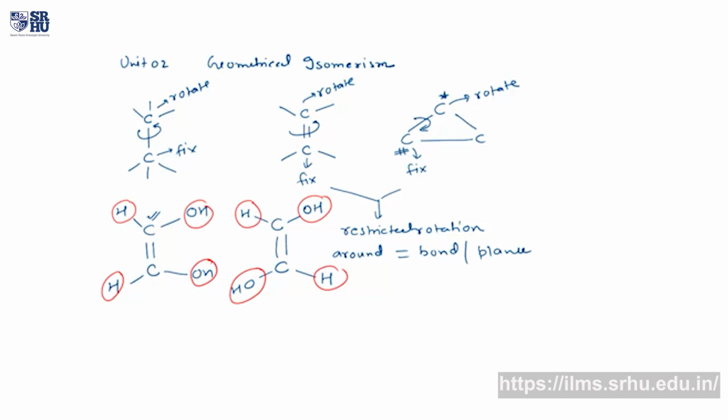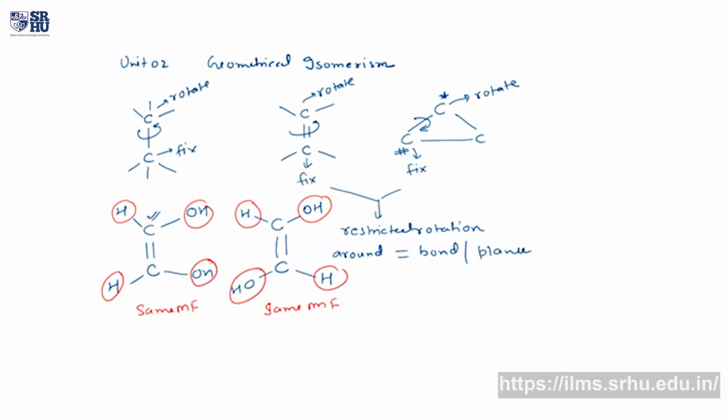Now due to this condition, you see that the first one and the second one have the same molecular formula, but they have different configurations. Their relative arrangement in 3D space is different.